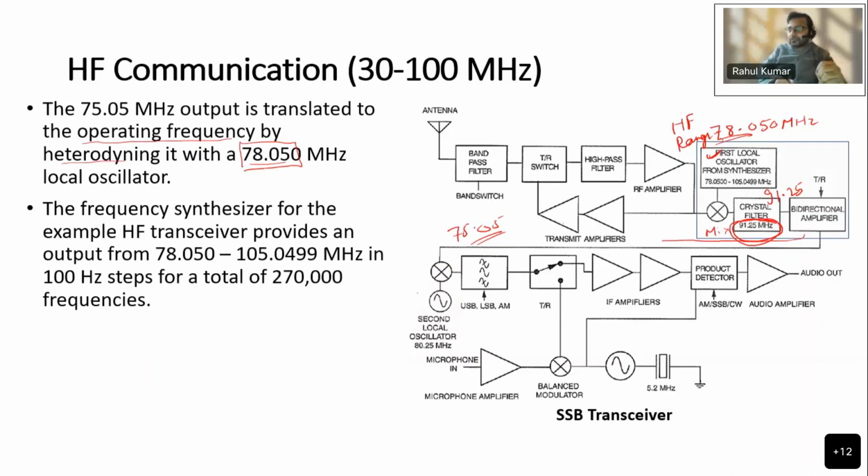The frequency synthesizer, in this particular example, provides an output from 78.05 to 105.0499 megahertz.